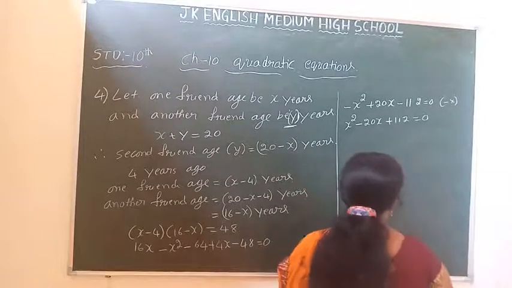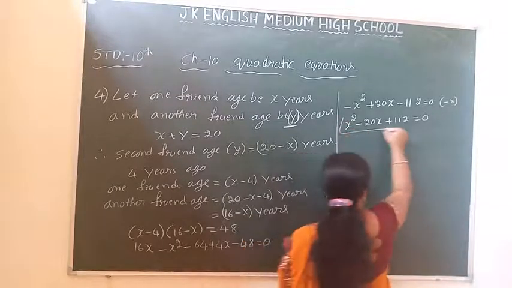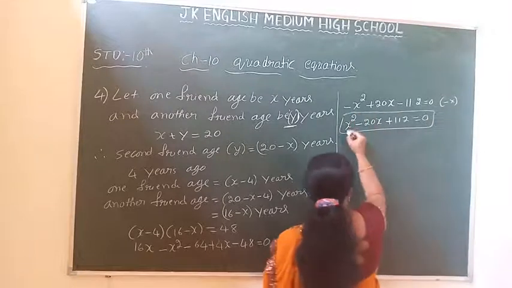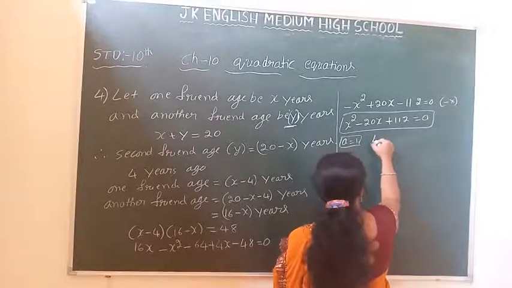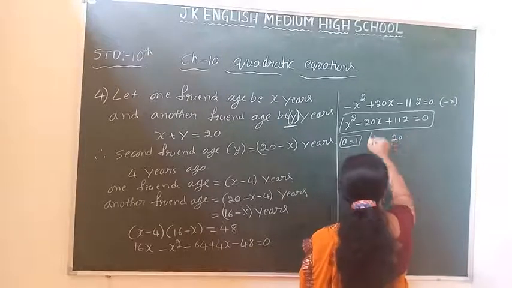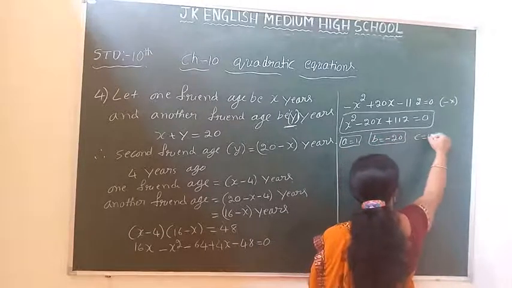Now if I compare with the standard form of quadratic equation, a value here is 1, b value is minus 20, c value is 112.